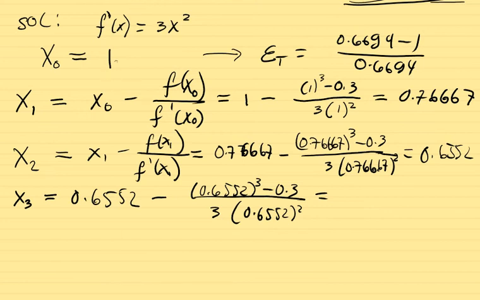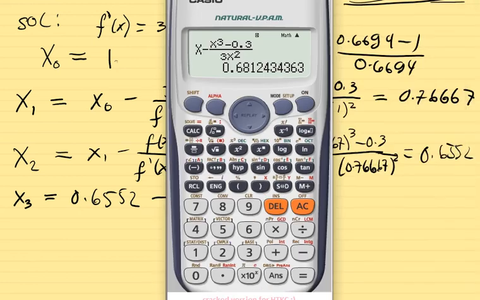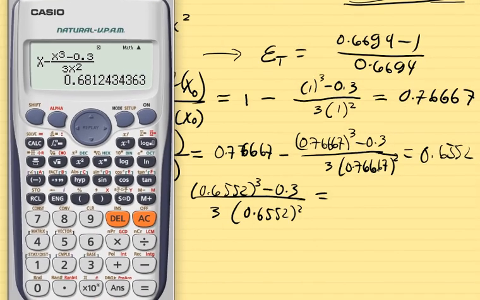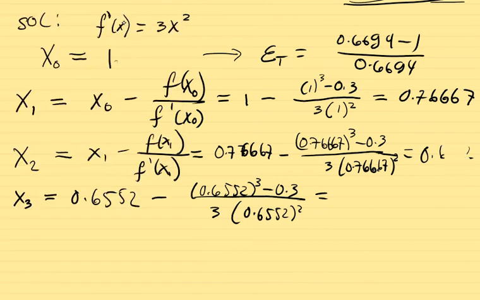Then we have a correction on the previous value. It should not be 0.6552, it should be 0.6812. So this was wrong; all of this will be 0.6812.